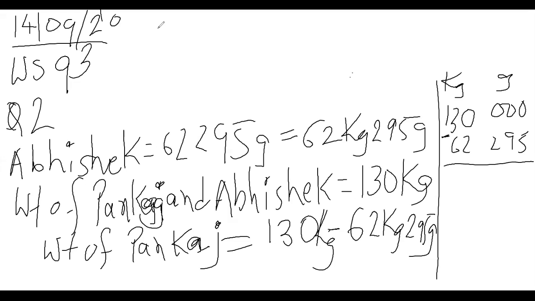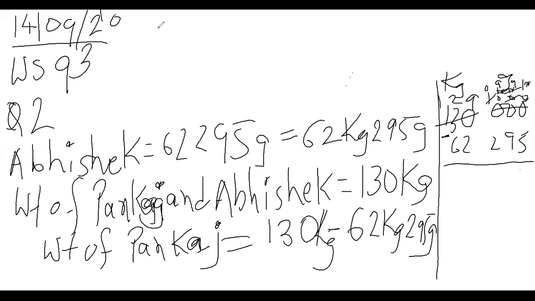So there is 000. That means we have to borrow. We borrow 1 kg, then it becomes 129, and this becomes 1000. So the 1 becomes 0, 10, again 9, again 10, again 9, and here 10.